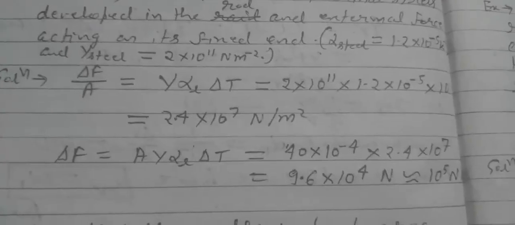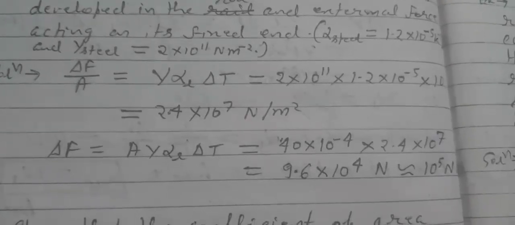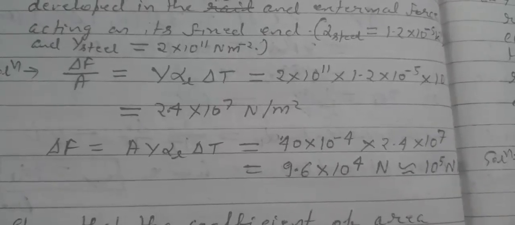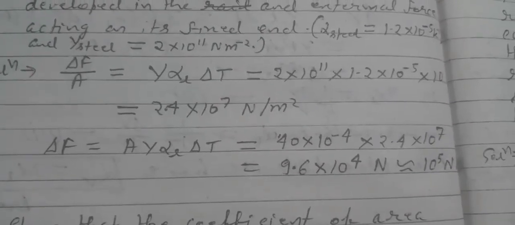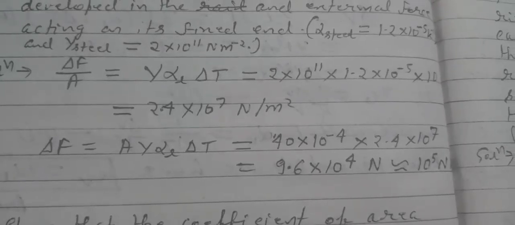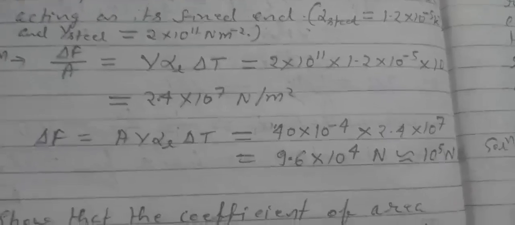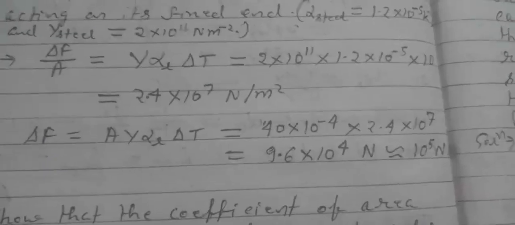Solution: we have delta F by A equals Y into alpha L into delta T. Putting the given values, 2 into 10 to the power 11 into 1.2 into 10 to the power minus 5 into 10 equals 2.4 into 10 to the power 7 Newton per meter square.